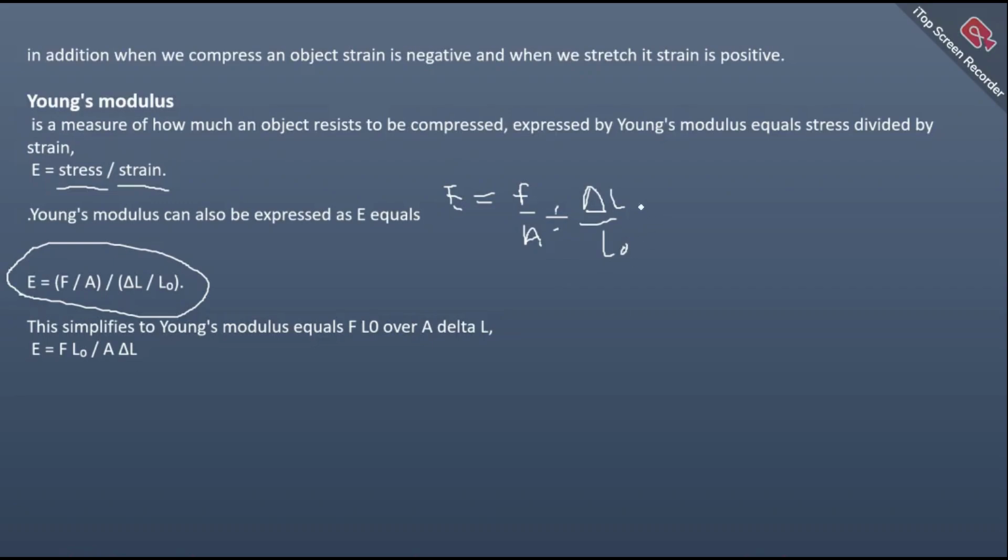What we'll do is flip it, so it changes to multiplication. Initial length will go on top, and this will come there. This is where the formula is coming from. Very simple.